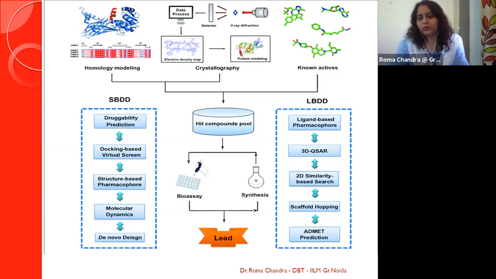We need to go for modeling through X-ray crystallography or NMR. Based on this, we study the structure and try to find the possible active sites on that structure. Homology modeling can be done for structure prediction.